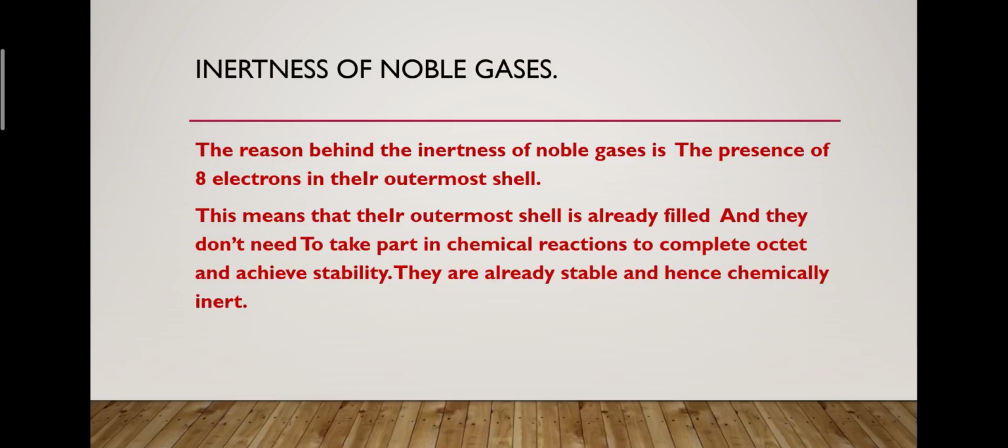This means that they can exist freely in the atmosphere, and they will not show any chemical reaction with any other element or gas except themselves. If they have to react, they will react with themselves only. That's why they are called inert in nature. It means they will not react with any other gas or element. This is the inertness of noble gases.